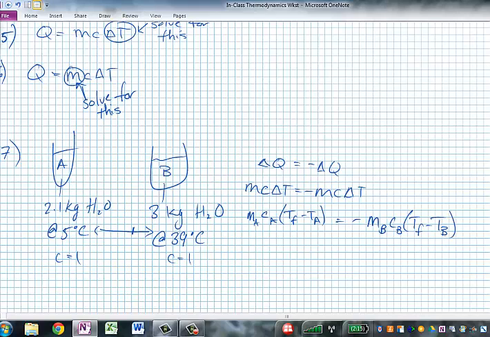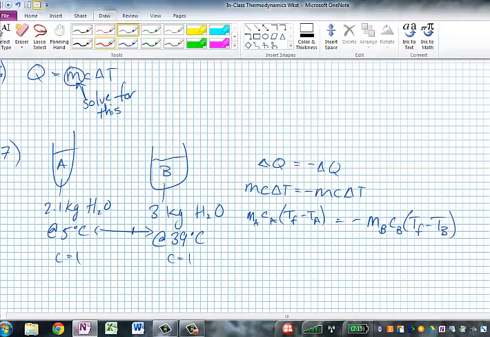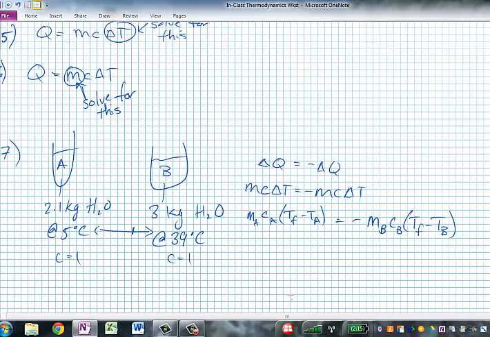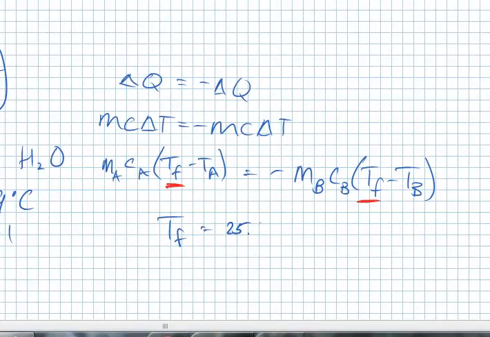And again, recall that since we're dealing with a mixture here and we're trying to find this equilibrium temperature, those two TFs will be the same number. That's what the equilibrium temperature means. And when you solve this out, I believe you get a final temperature of about 25.1 degrees Celsius.